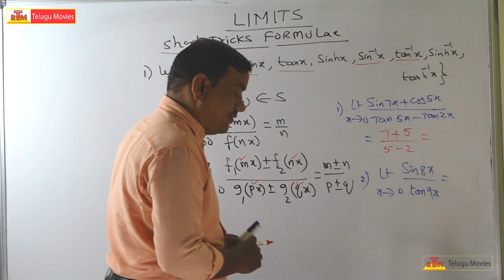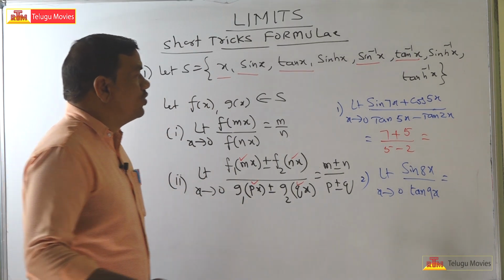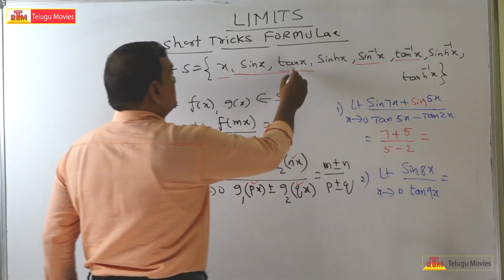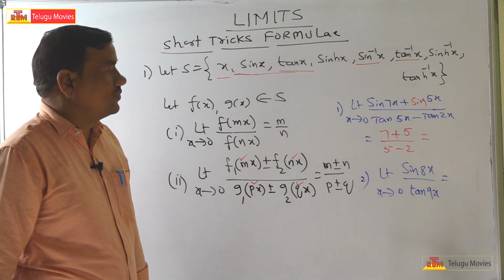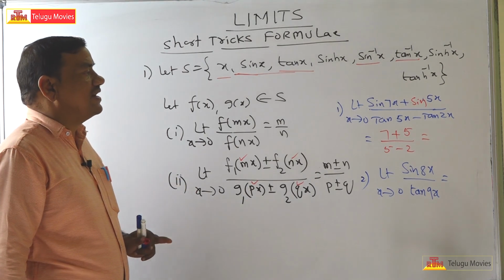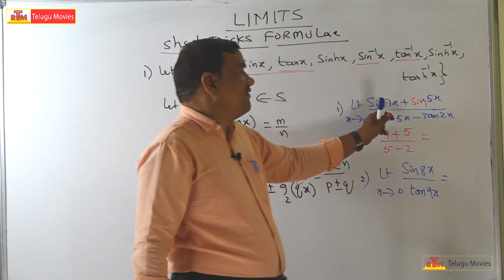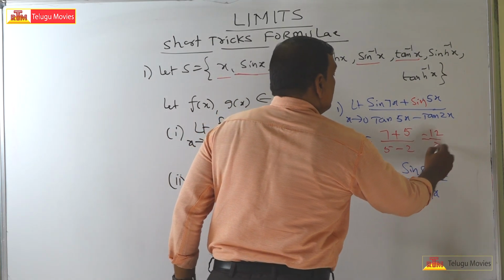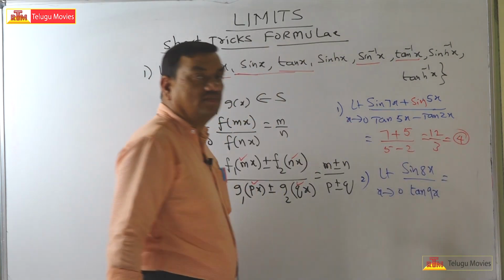So take it as a sin x function, because in our function cos x is not there. So sin 7x plus sin 5x upon tan 5x minus tan 2x. This is 7 plus 5 by 5 minus 2, which is equal to 12 by 3. 4 is your answer. Understand?